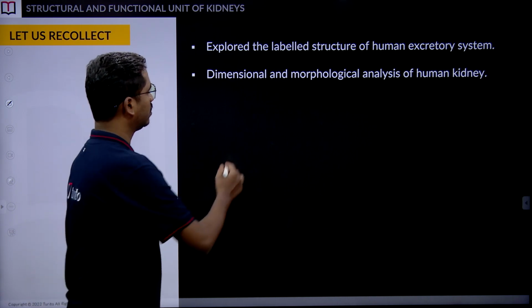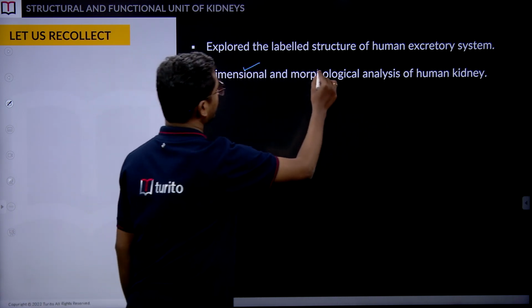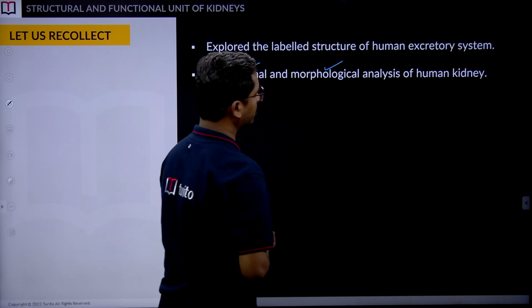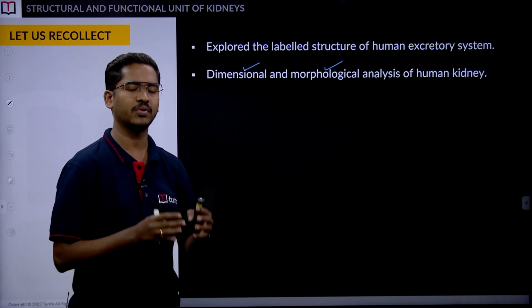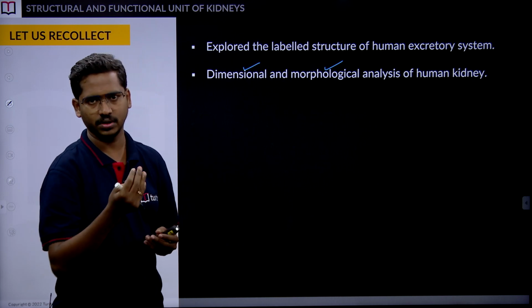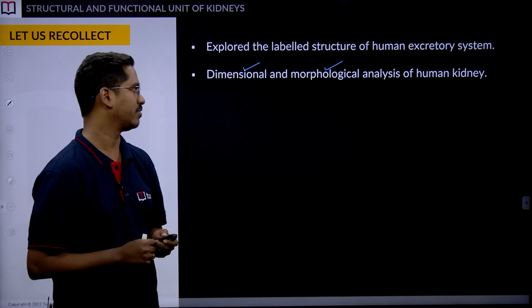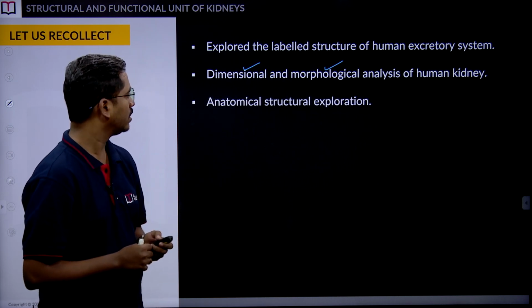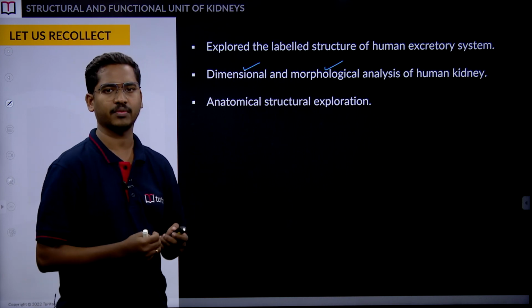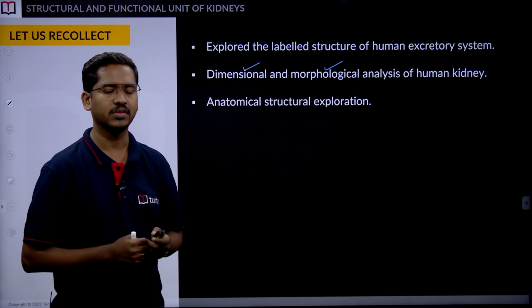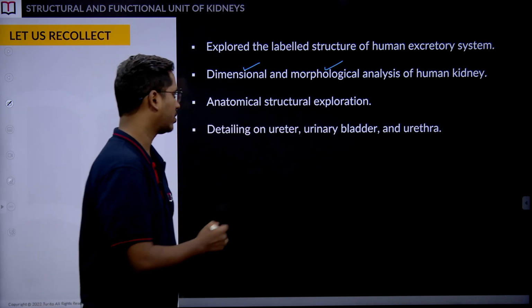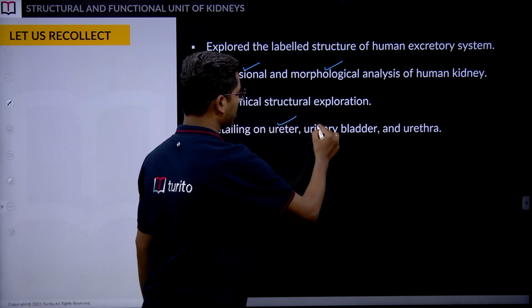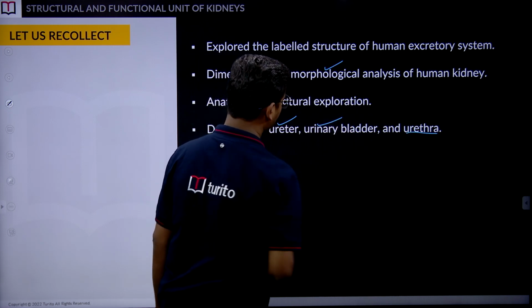Then we looked at the dimensional and morphological analysis of the kidney, like the size of the kidney and how it appears from the external view, followed by the detailed internal structure exploration. That is the anatomical structure of the kidney, following which we also understood the ureter, urinary bladder and urethra.